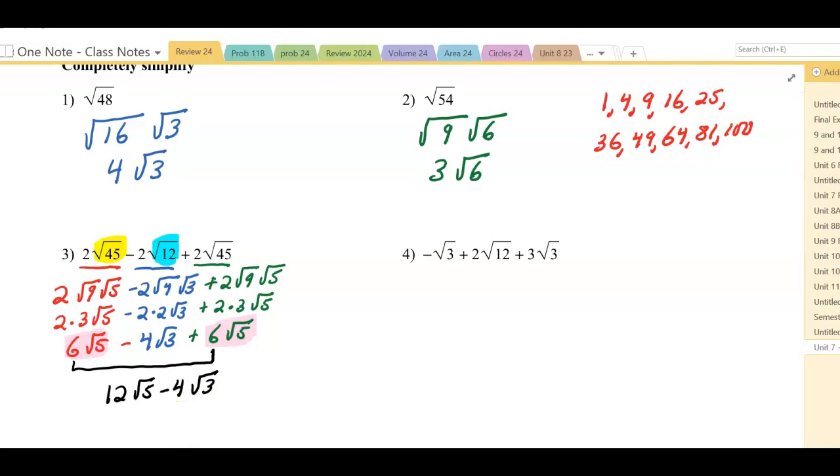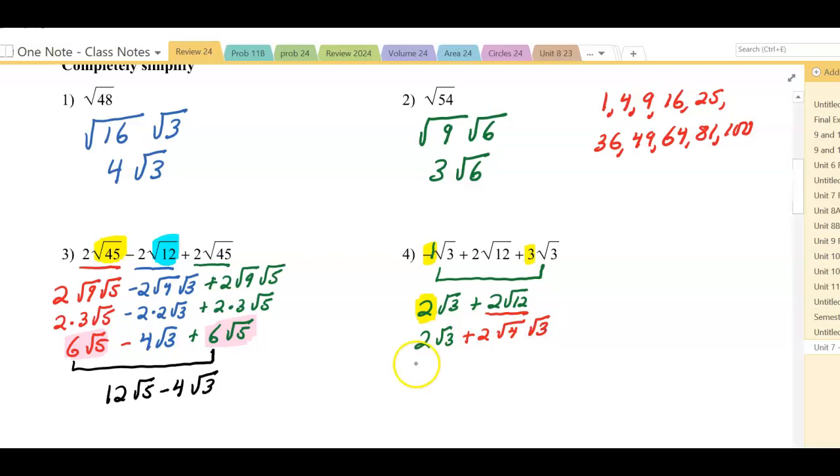Taking a look at problem number 4, one thing I noticed, I could add these two terms that I put a bracket around. So this is a 1 square root of 3, so you get 2 square root of 3 plus 2 root 12, and the reason is the 3 and the minus 1 becomes that 2. Now we could break down 2 root 12, so it's going to be 2 root 3 plus 2, and 12 is square root of 4 times square root of 3.